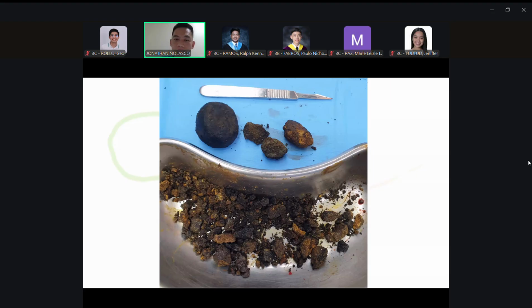And this kind of stone is probably more pigment. Pigment type of stone is usually found in what we call primary stones in the bile duct.